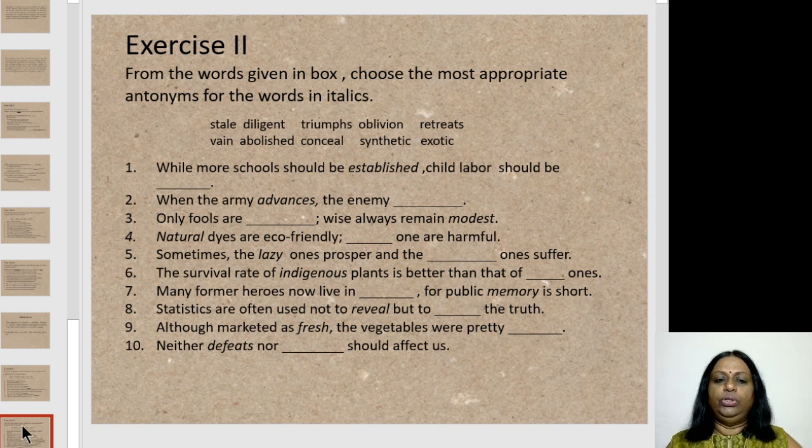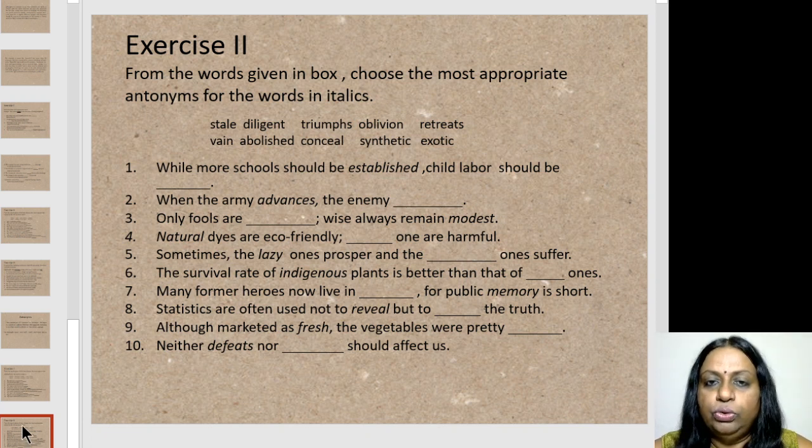Now let's move on to exercise 2. Again, so that we are thorough with antonyms in the English language. Let's read the directions that are given to us. From the words given in the box, choose the most appropriate antonyms for the words in italics.